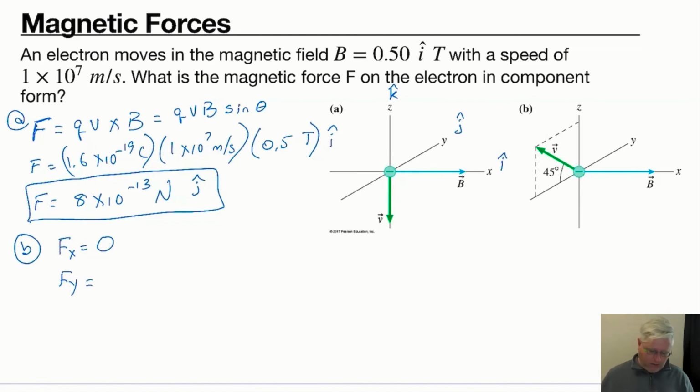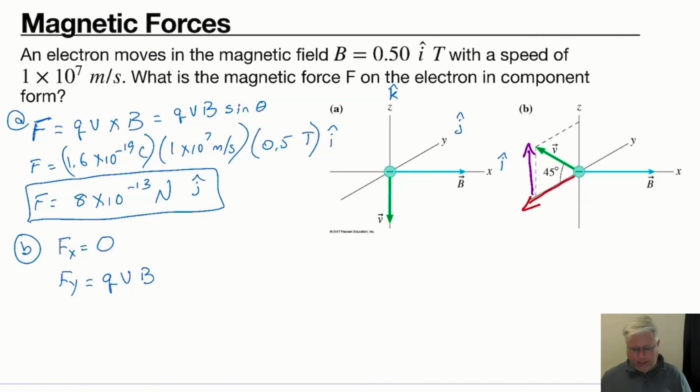Okay, so for the y, we're going to be QVB. Let's see here. There's a different color here. All right, so if this is the y, the component in the y, here's a component in the z.